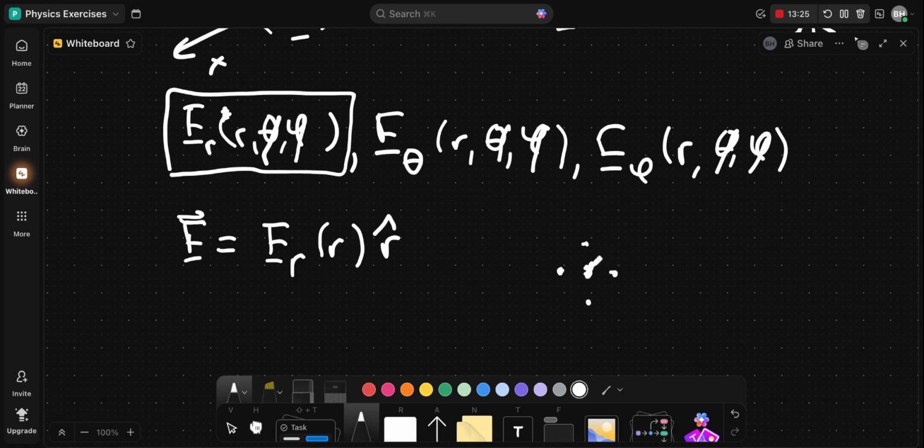Okay, and the point is that this charge will have electric field lines going out in all directions. This charge will have one going that direction, one going that direction, one going that direction. Okay, but let's just consider these two.